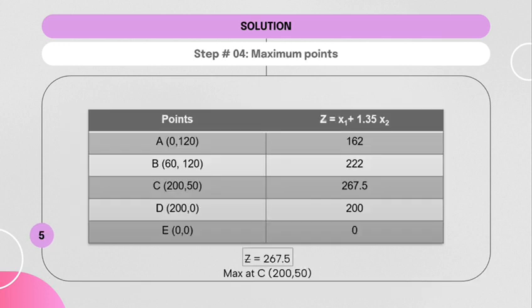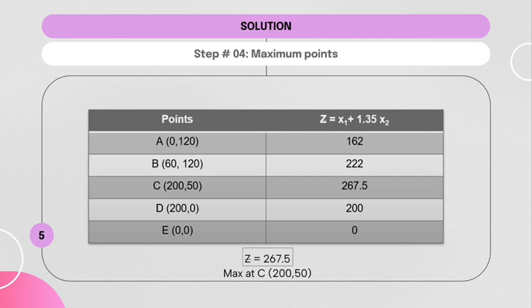Then all of the points we have gained from the graphical representation, we put them in the maximum equation. By plotting point A, which has 0 and 120, we get the value 162, and from B, which has 60 and 120, we got the value 222.